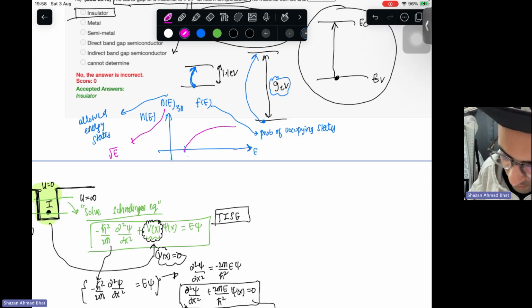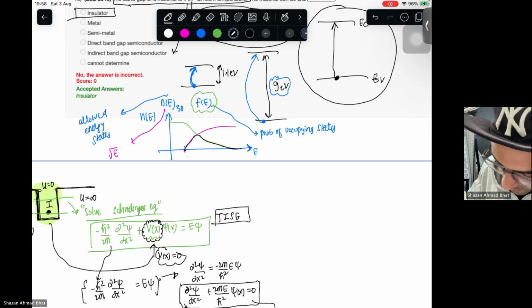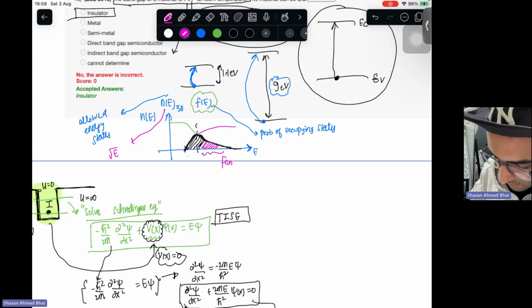And when you plot the Fermi function, it is basically something like this at room temperature. You get a region where electrons mostly occupy this particular energy level, but there are certain electrons which are highly energetic. This is called the Fermi tail, where high energy electrons reside.